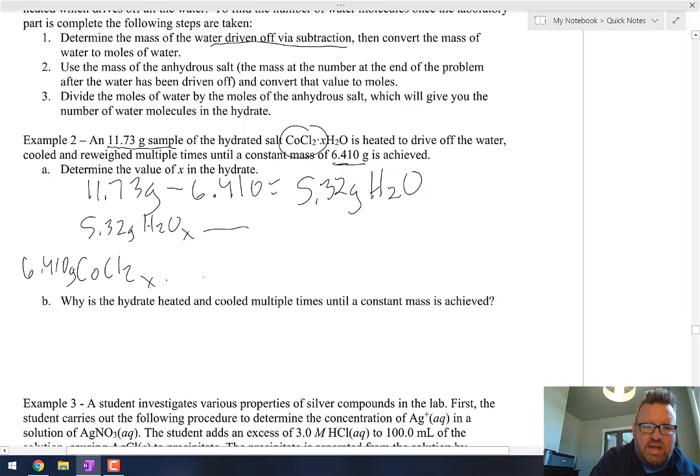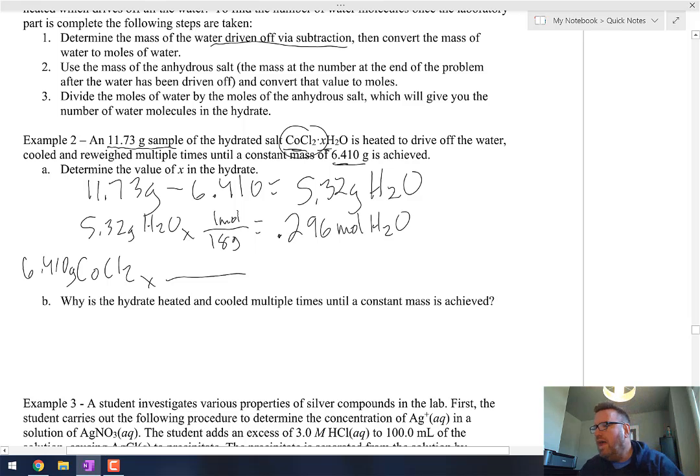Okay, so in this case, basically what we're doing is we're going to compare the moles of each of these to each other. So we have 18 grams in 1 mole of water. 5.32 divided by 18 equals 0.296 moles of H2O. And then for CoCl2, we need the molar mass of it.